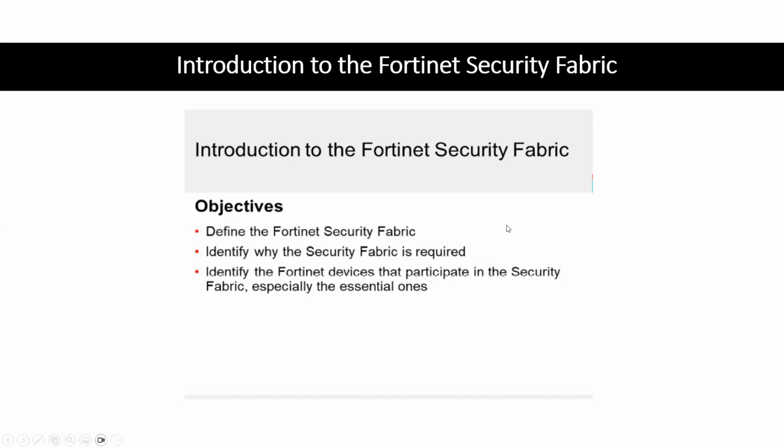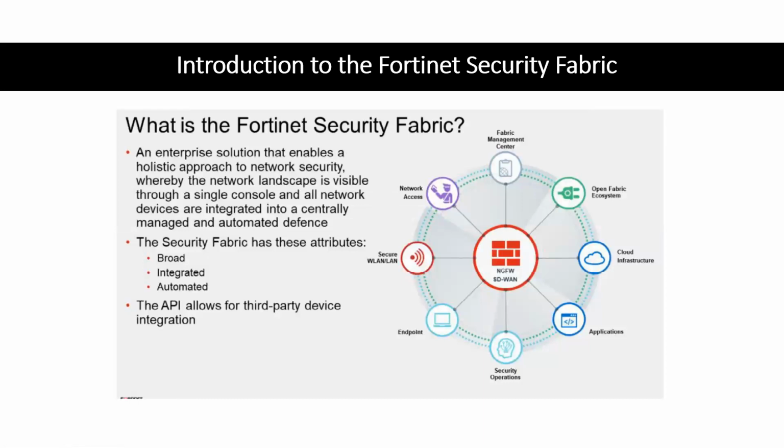Okay, let's keep going. So, what is the Security Fabric? It's a Fortinet enterprise solution that enables a holistic approach to network security. The network landscape is visible through a single console, and all its network devices are integrated into a centrally managed and automated defense.